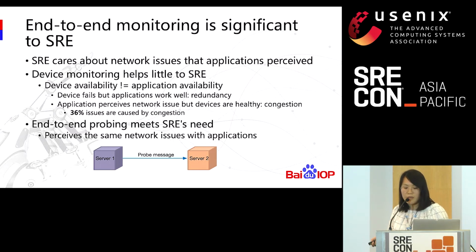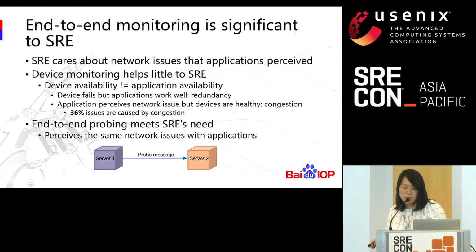For example, due to device redundancy, applications may work well during device failure. And applications may perceive network congestion when all devices are healthy. Statistically, 36% of network failures that applications perceive are caused by congestion, which means a device monitoring system will miss 36% of network failures.